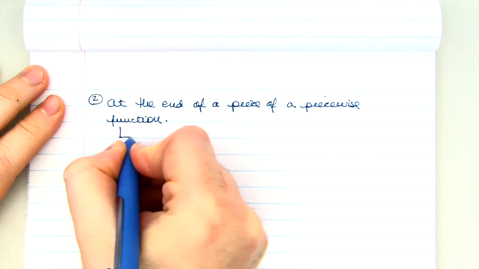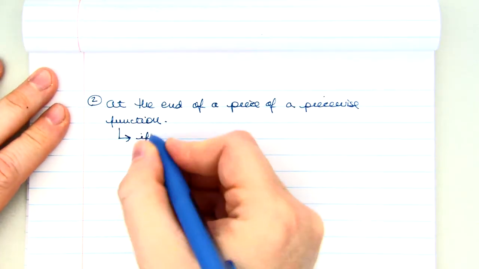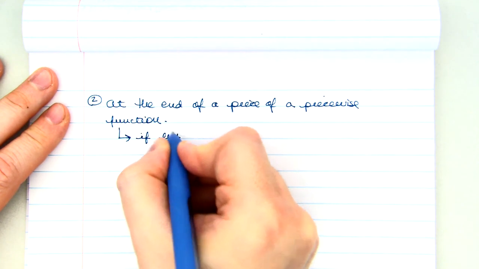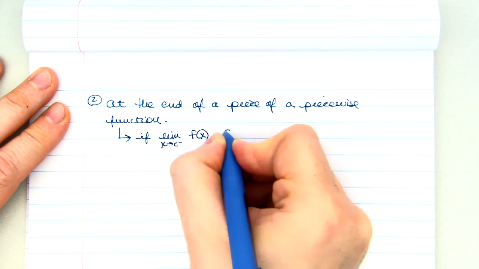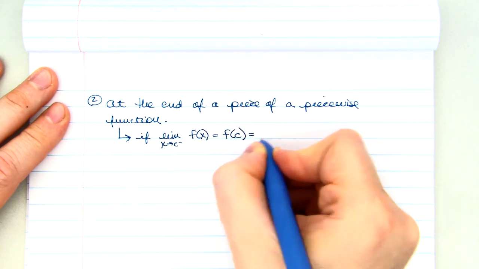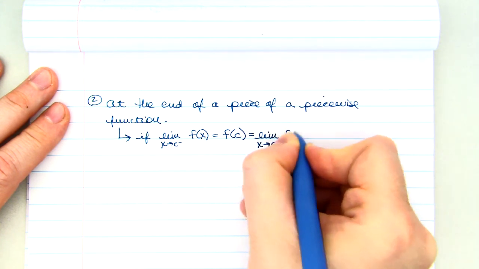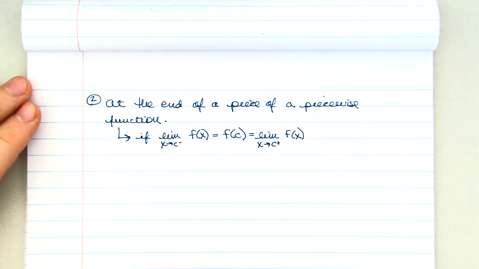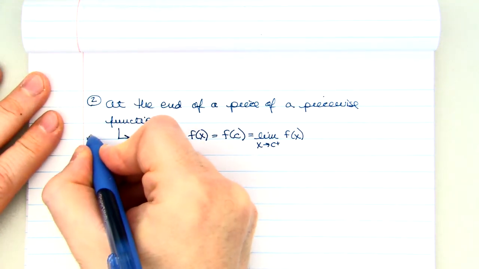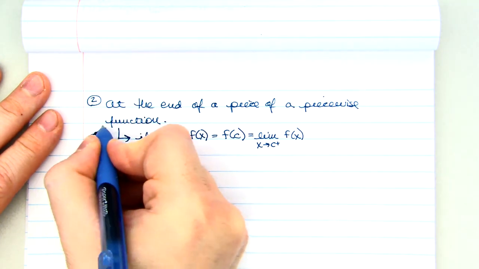There are three things that could happen here. We could have this case: at a particular x value, the limit as x approaches c from the left of my function might equal f of c, might equal the limit as x approaches c from the right of my function. I could have that happening when I go from one piece to another, which means I'm approaching something from the left, which is the same as the value right there, which is the same as what I'm approaching from the right.